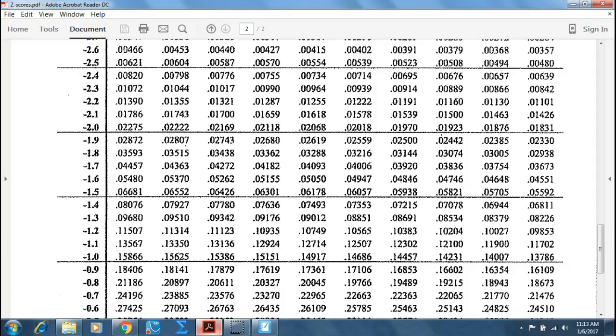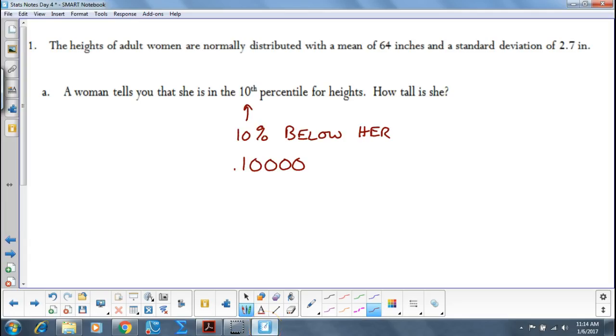Negative 1.28. Right? Agree with right there. Yeah. Okay. So that gives me a z-score of negative 1.28.